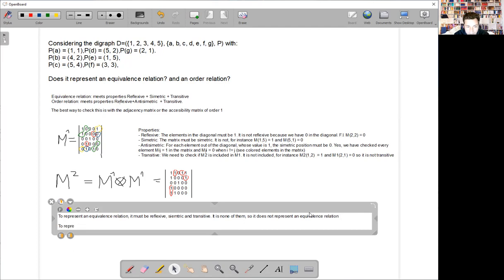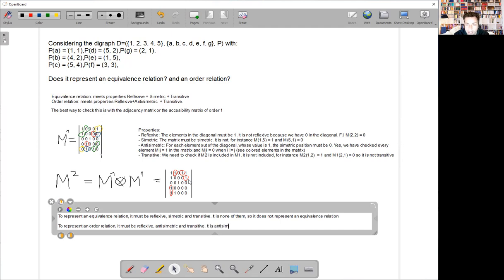To represent an order relation, it must be reflexive, antisymmetric, and transitive.